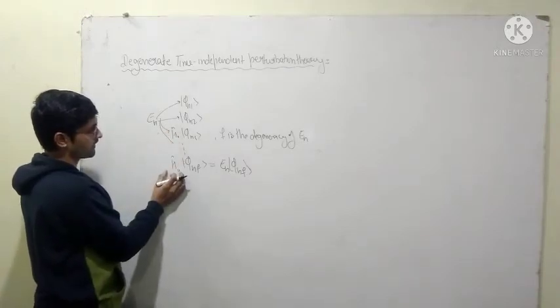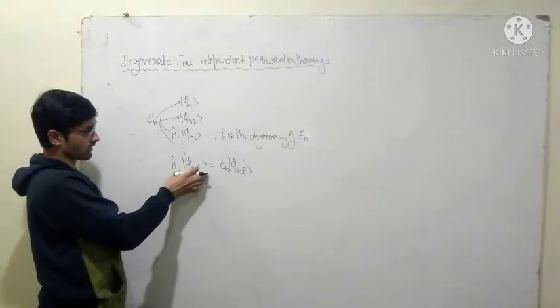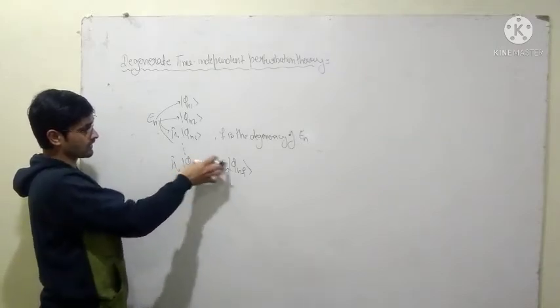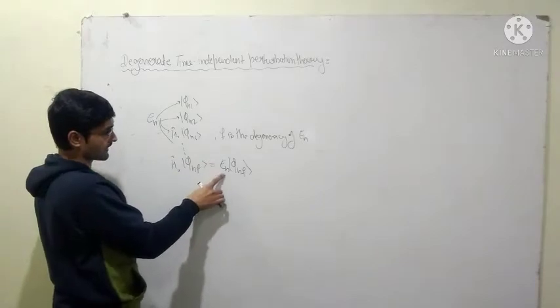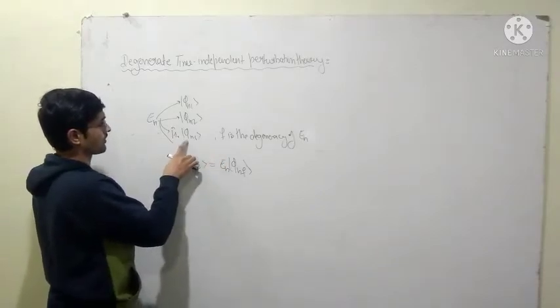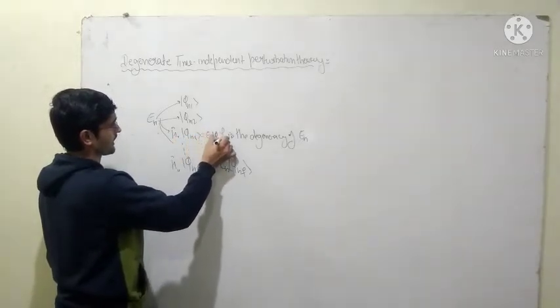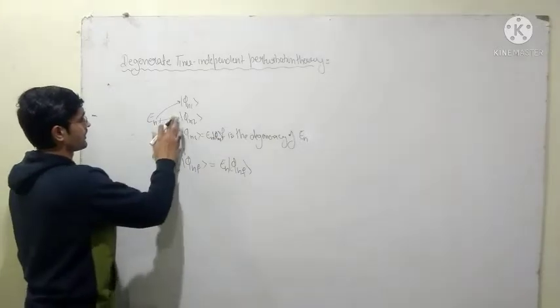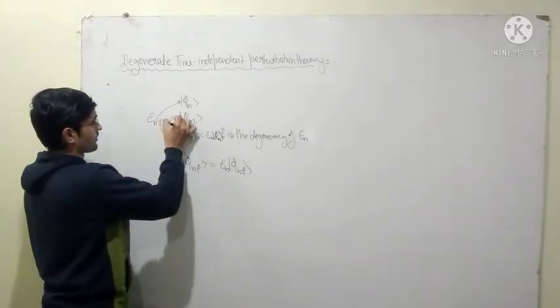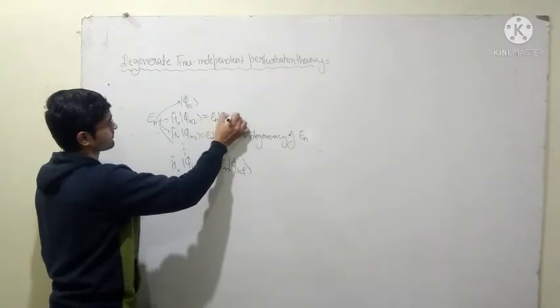What is the meaning of operating the Hamiltonian operator? In quantum mechanics, when you operate some operator on some state, that gives the results of the measurement.